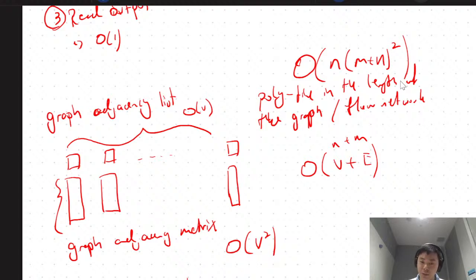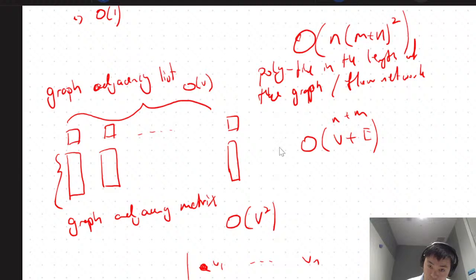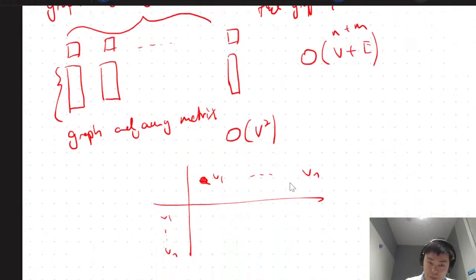Generally, what you can assume is that for a weight, you have access to some kind of oracle function that, given two vertices or given an edge, gives you the actual weight.